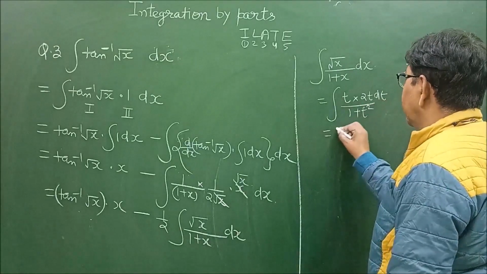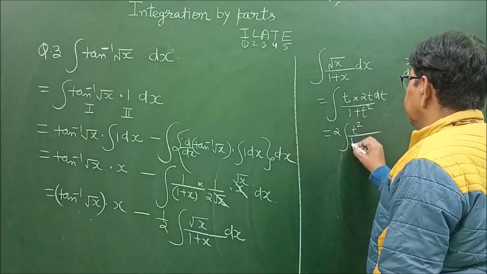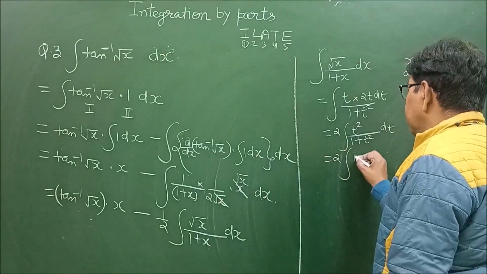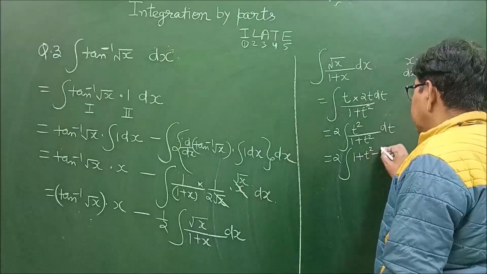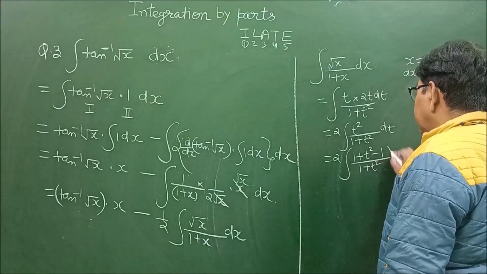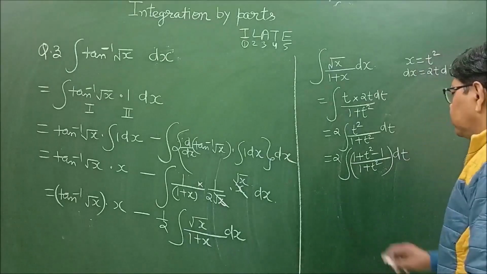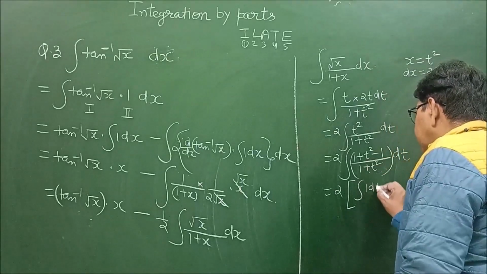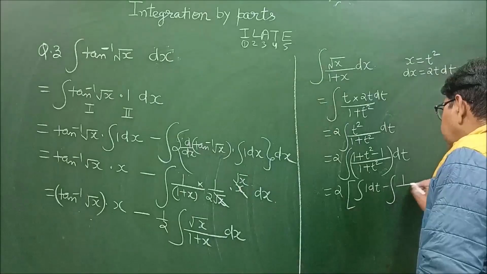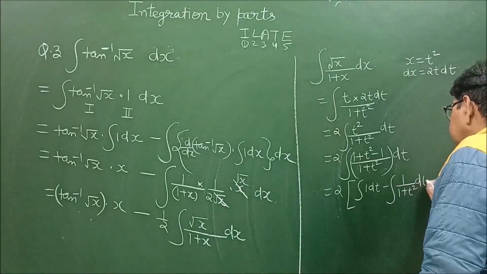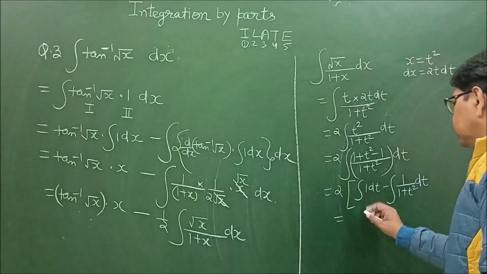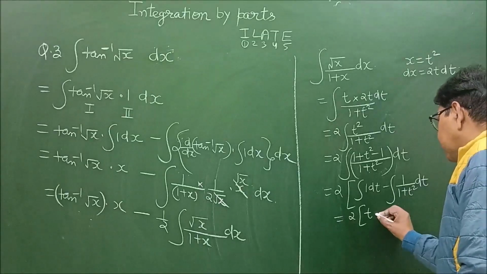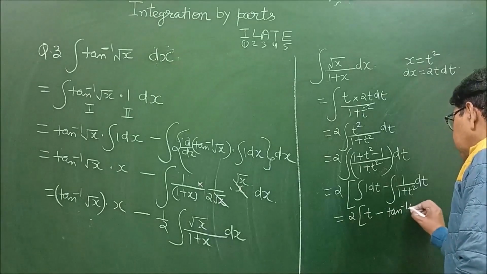So this 2 can be taken out and we have t square over 1 plus t square dt, and this t square can be written as 1 plus t square minus 1 upon 1 plus t square dt. So this is equal to 2 into integral of, on dividing, 1 dt minus integral of 1 over 1 plus t square dt, which is equal to 2 into t minus tan inverse t.